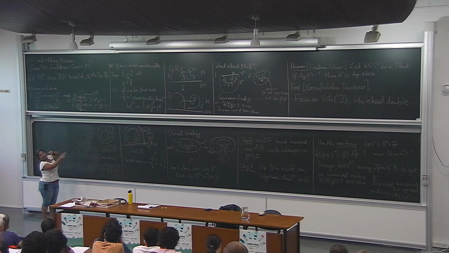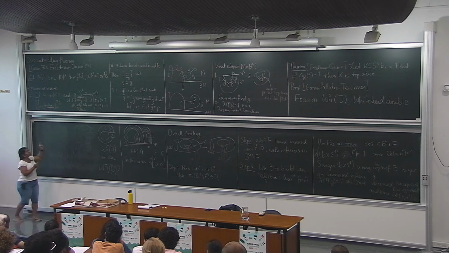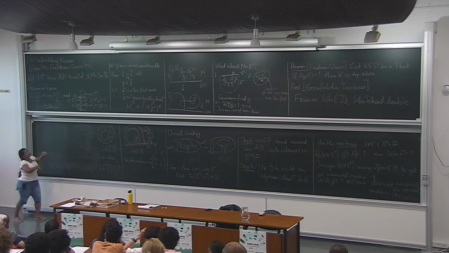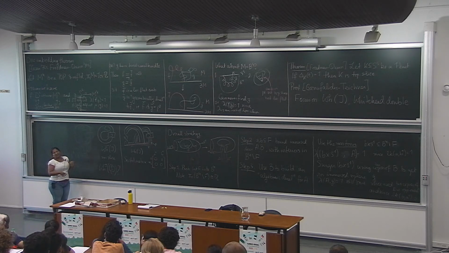So you'll have F1 through Fn, and then G1 through Gn. And it turns out that those don't need to be disjoint. They just need to algebraically look disjoint. So the Fs can intersect arbitrarily. The Gs get to intersect one another as well, but they just have to be algebraically canceling.